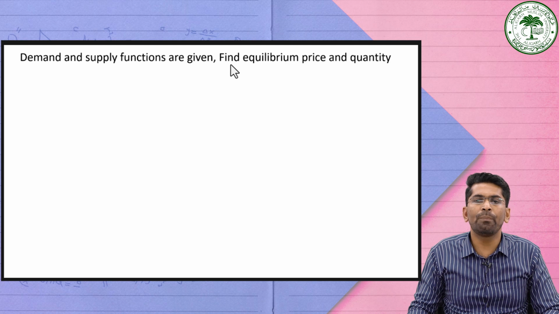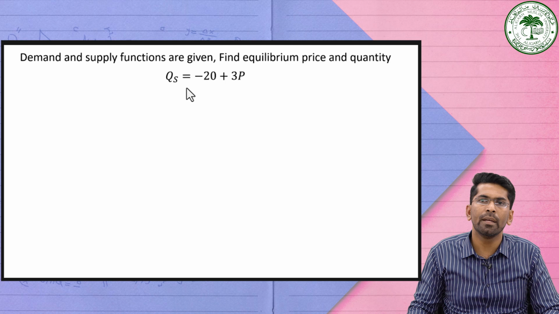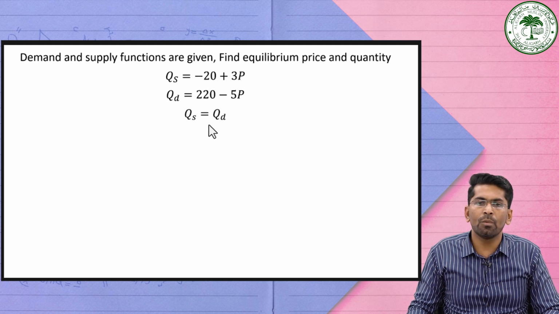Now consider another example. The demand and supply functions are given. We want to find the equilibrium price and quantity in the similar way as explained earlier. Quantity supplied is equal to minus 20 plus 3P and quantity demanded is equal to 220 minus 5P. So here we make them equal to each other.